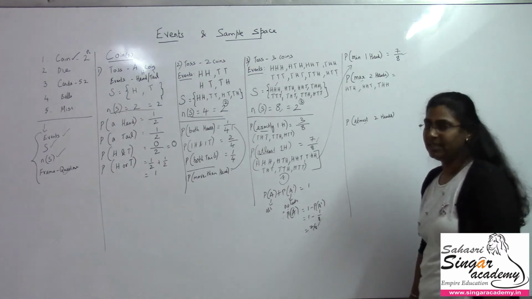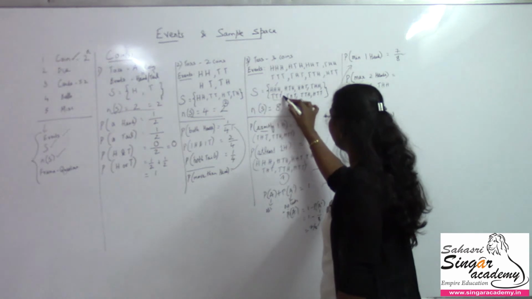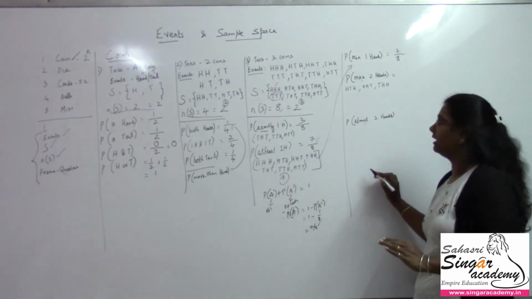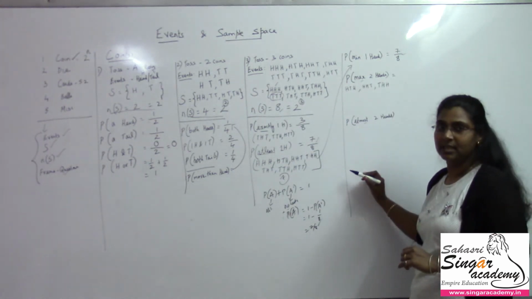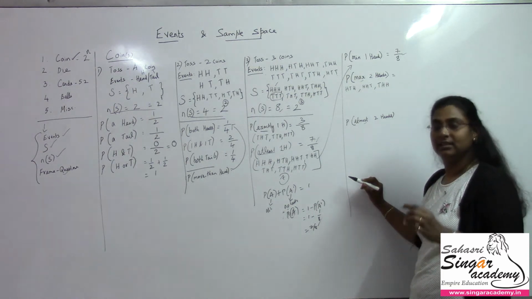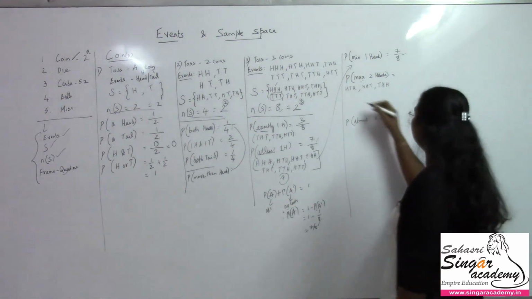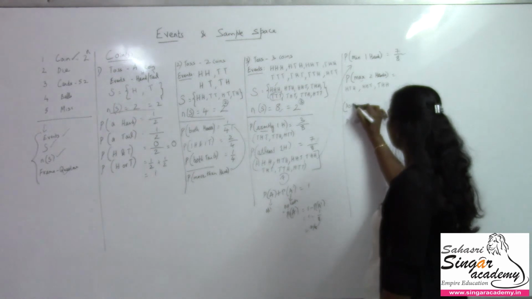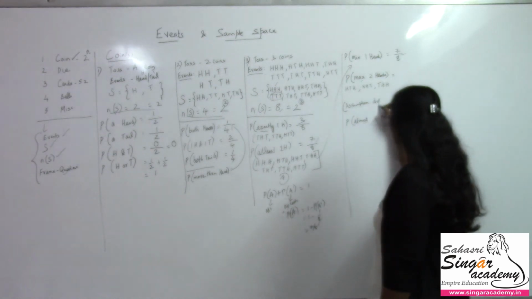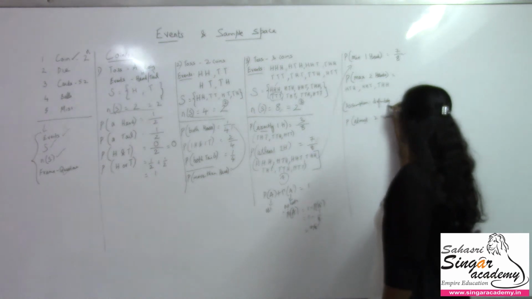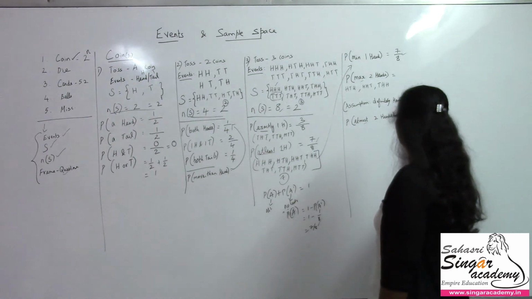Okay, please focus here. Tail na ellame tails ah irukku. When they say maximum 2 heads, there is an assumption that there should be heads. The assumption here is definitely head should come. Definitely head should appear in any one of the events.